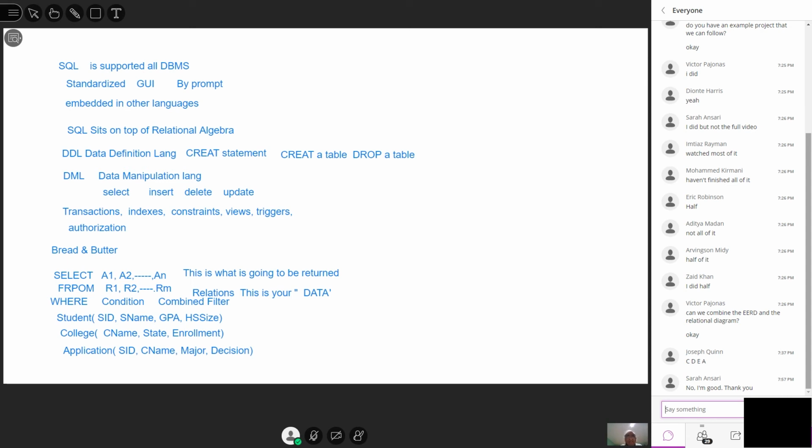Well, how do we write it? When we say we want all students, we didn't really make clear what we want. Do we want students' SIDs or do we want students' names? Let's say we want both. So we will say here, select student ID, comma, student name.